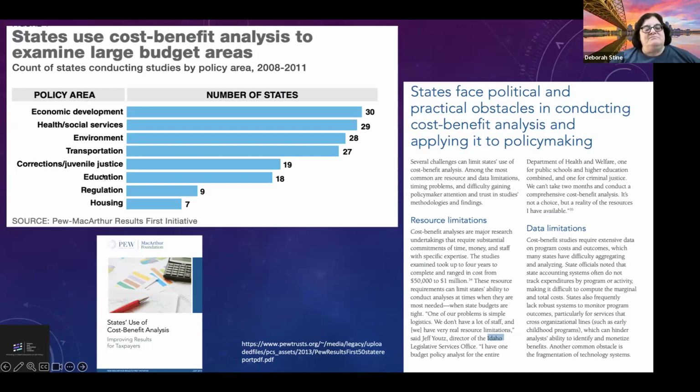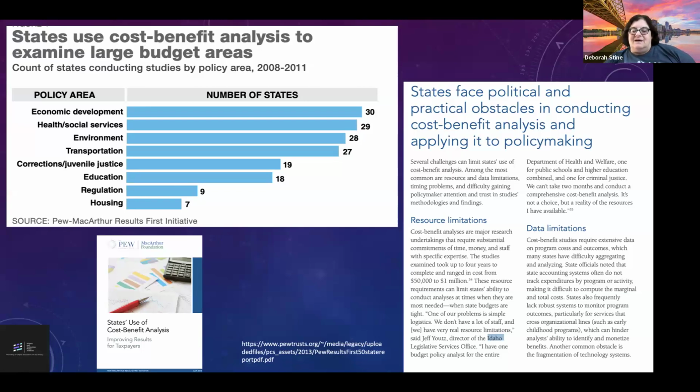Now, this list would probably be quite different for the federal government, where it's primarily used for environmental aspects. And you can actually go to the Office of Management and Budget and see which regulatory decisions have had benefit cost analysis submitted when they're making regulatory decisions.